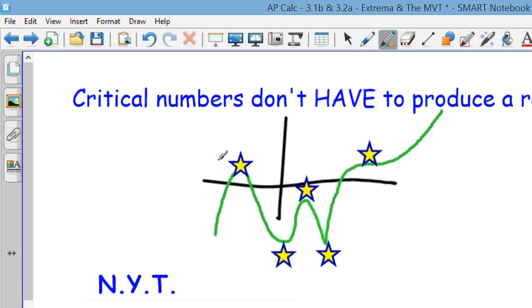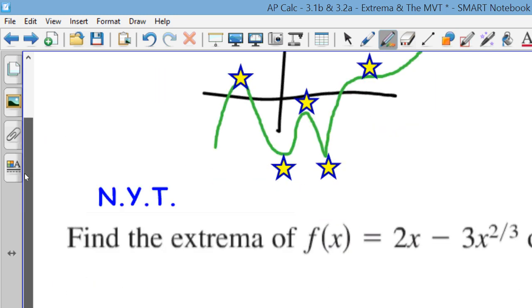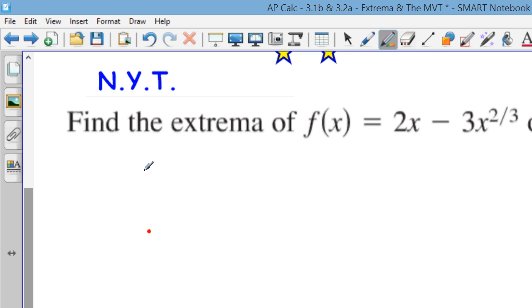This one's undefined, these ones are all 0 slope. But here we have a critical number because the slope is 0 here, right? But it's still not a max or a min. So watch out, because a lot of people think, oh, it's a critical number, boom, it's a max or a min. It has to be. Not necessarily true.